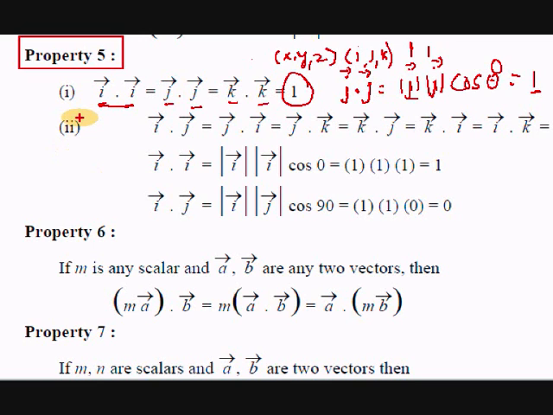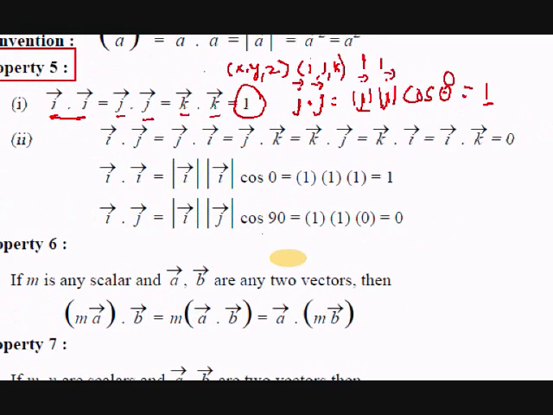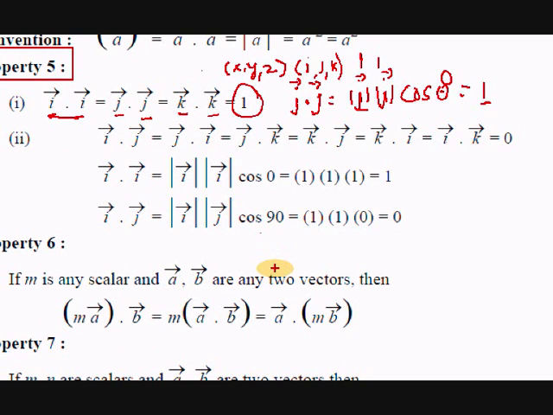Second case, we can see the dot product of unit vectors in different directions, because we remember i, j and k are three different directions, right? So these are all perpendicular to each other. This and this is 90, this and this is 90, and this is 90 degrees, okay? If you take a three-dimensional picture, you would find it.